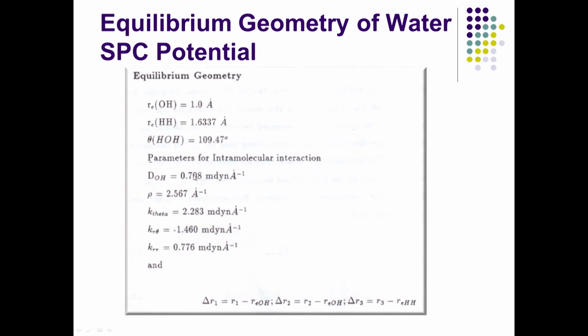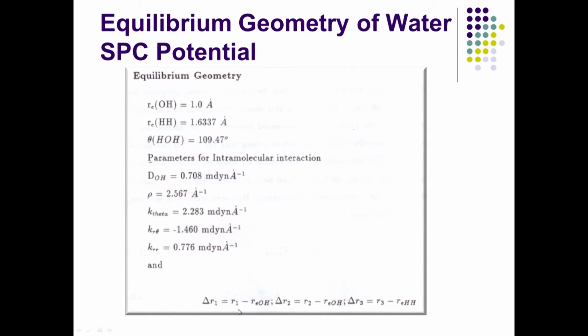So, you are looking at all these different intramolecular interactions between O-H, the density, and the sigma is coming out of the lattice parameters and the density based on that, and then k theta, and these are the spring constants for all these three interactions that we looked at. So, you can simulate bond stretching.